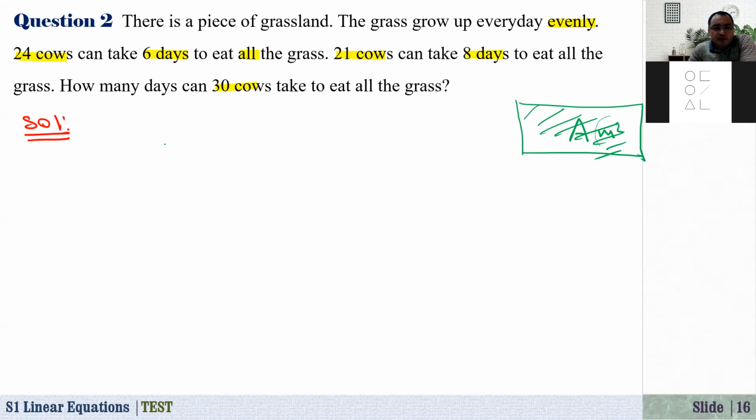So here we have cows that take 6 days to eat all the grass, and 21 cows that take 8 days. How many days can 30 cows take?